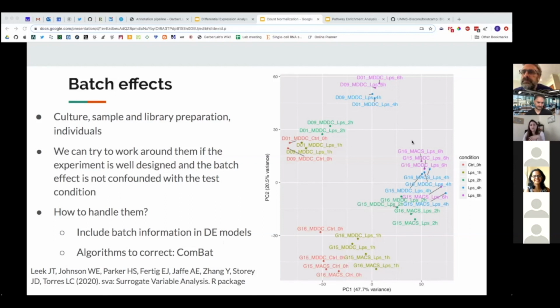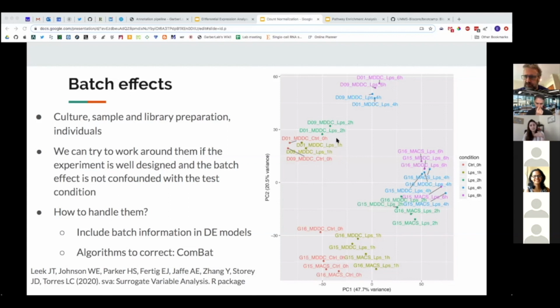So I'm showing you here an example of our dendritic cell data. In this case, we have maybe 4 donors here. So you have this D09, D01, and we have the G16 and G15. And these were sequenced at different times, but for all of them, we have the time point stimulation of dendritic cells.